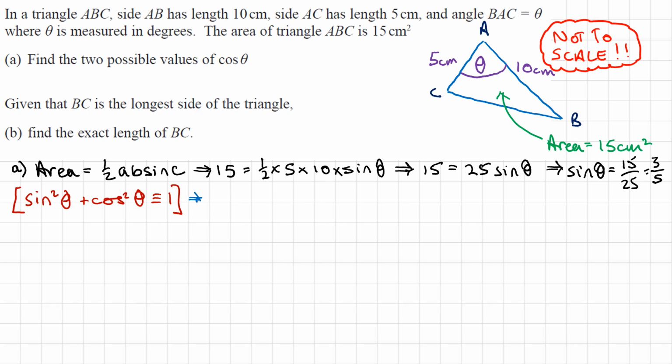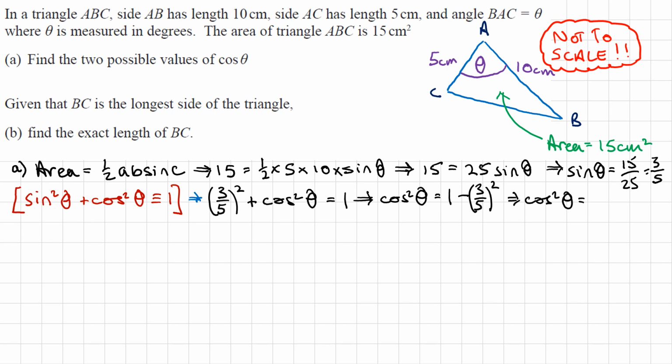Sine squared theta, so that's going to be 3/5 squared, plus cos squared theta is 1. So cos squared theta is going to equal 1 minus 3/5 squared, which is 1 minus 9 over 25. And if I do that, I'll get cos squared theta is equal to 16 over 25.